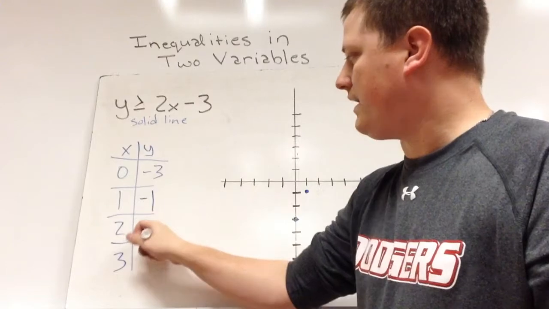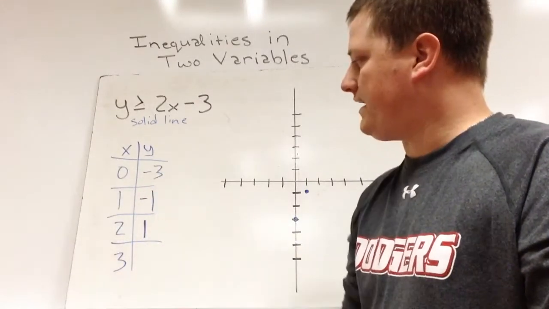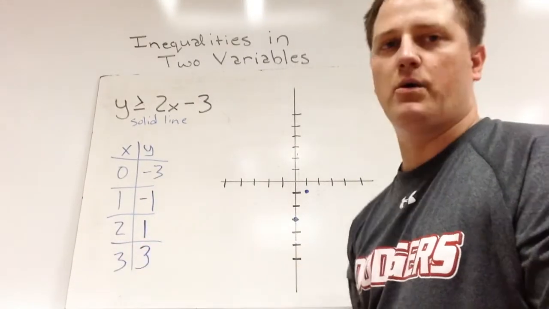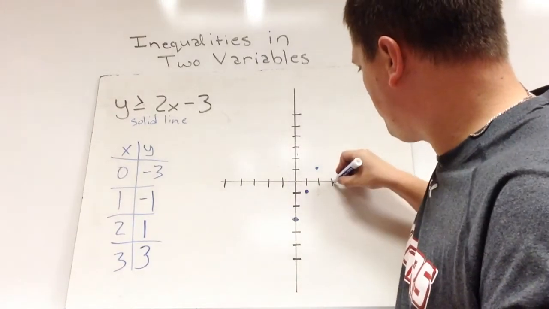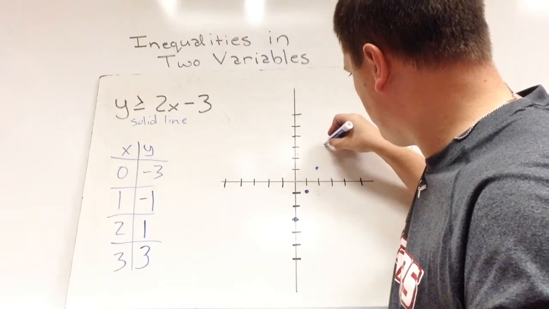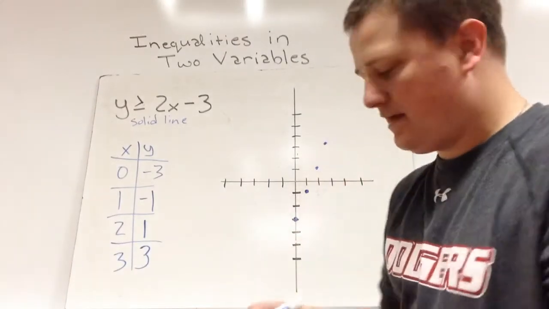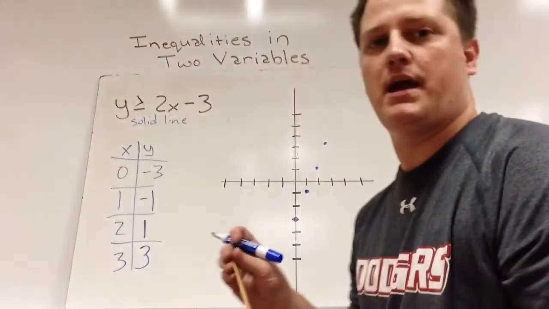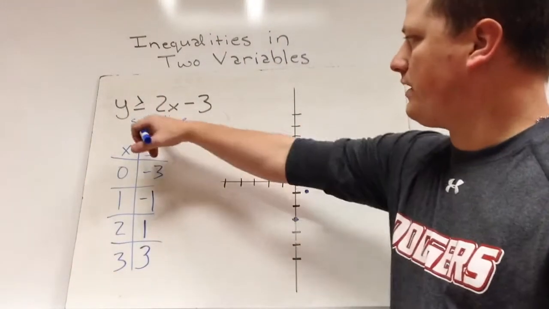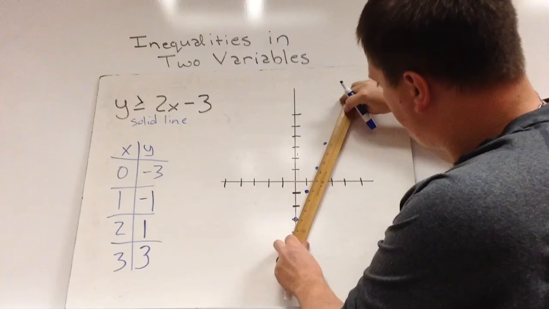Minus 3, positive 1. Looks like we're going up by 2 each time, so I'm going to go with 3 there. So we've got 2, positive 1, 3, 3. Then what we're going to do is we're going to take a ruler or a straight edge and draw this line, and we're going to make it be a solid line.